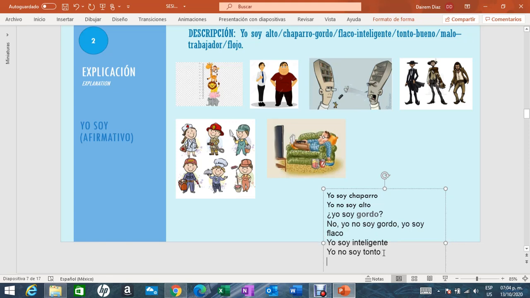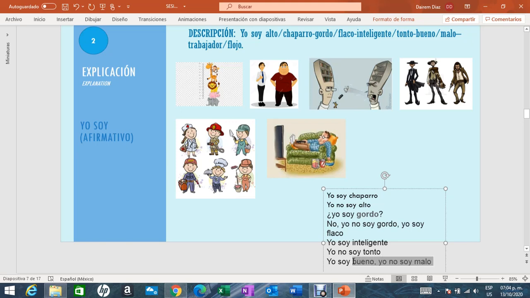And next image: good, bad, and ugly. Ugly, we don't have that one here. Where's good? Bueno. Yo soy bueno. I am good. Yo no soy malo. I am not bad.